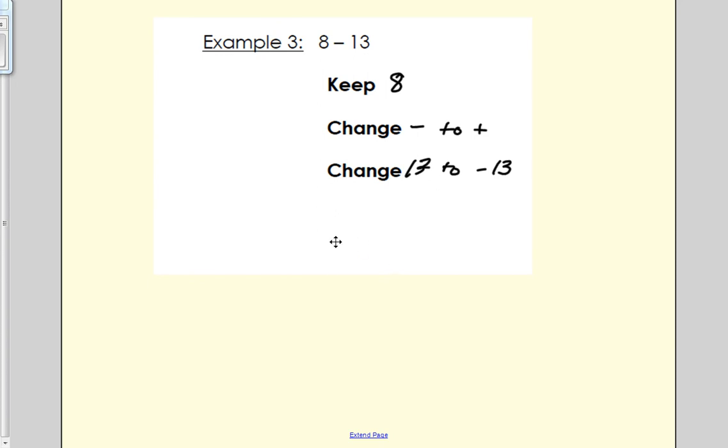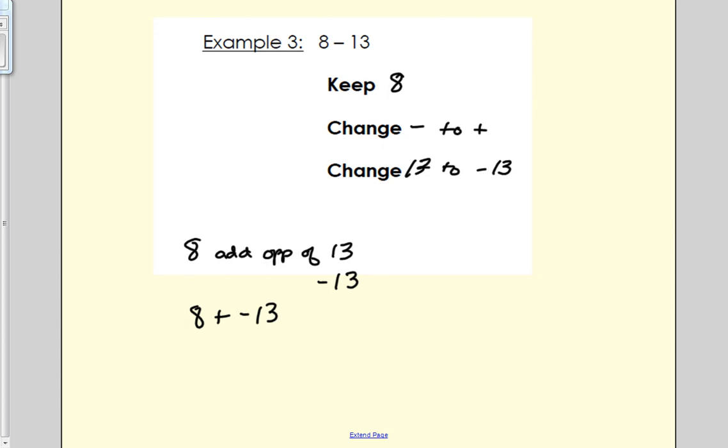The other way you could think of it is we have 8. We're going to add the opposite of 13, which is negative 13. Alright, so that would be 8 adding negative 13.